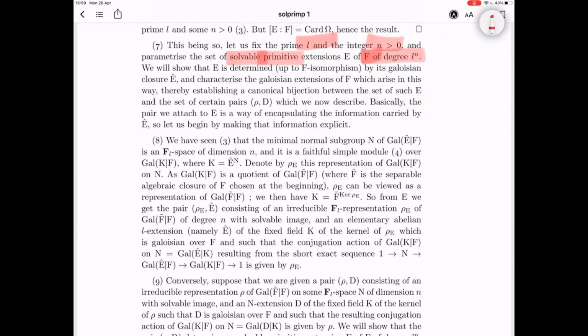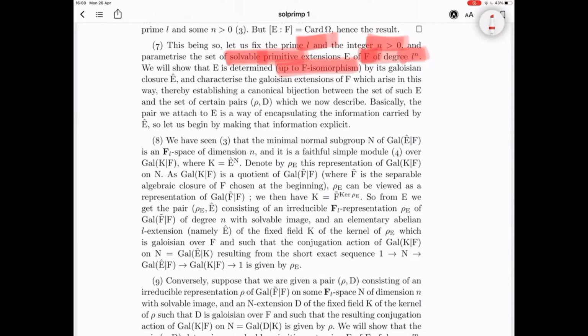This is the set we want to parameterize, of course, up to F isomorphism. Fix a field F, a prime L, a prime power L to the n, and we are looking at all solvable primitive extensions of F of degree L to the n, up to F isomorphism, of course.